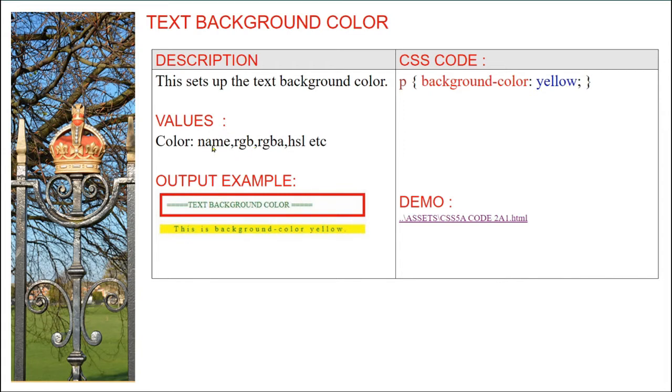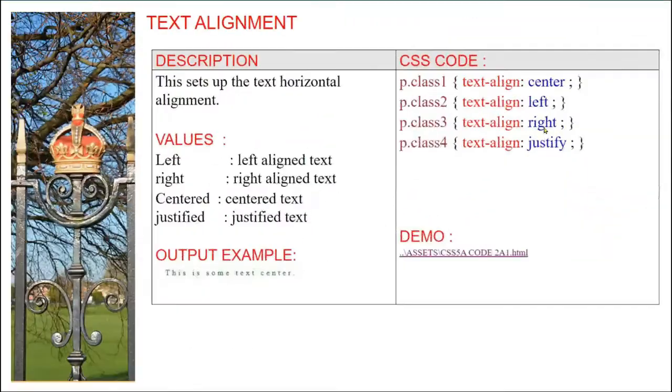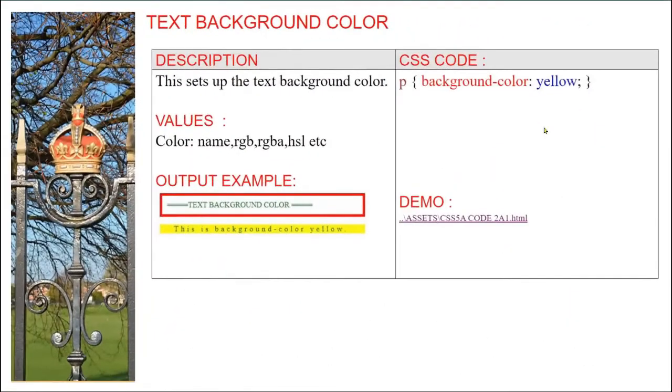We can set it by the color name, RGB, RGBA, HSL, etc. We've got an output example here. We've got this green text shown here with the background color set to yellow.